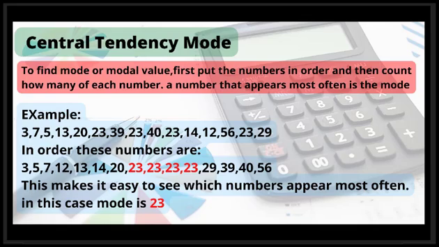The key thing is that we're going to use some examples while going through these concepts to get a better understanding. So within the central tendency, there are these measures: mean or average, median, and mode, which we will cover in the next slides.